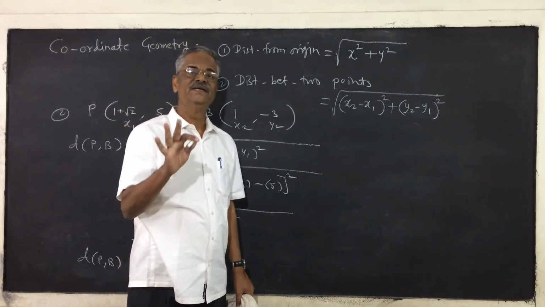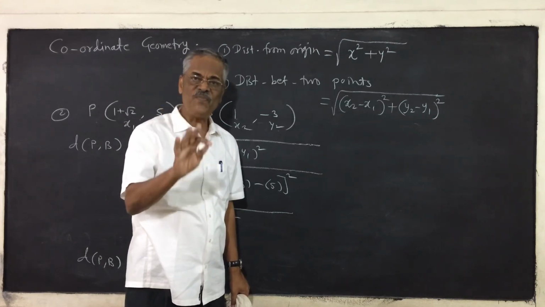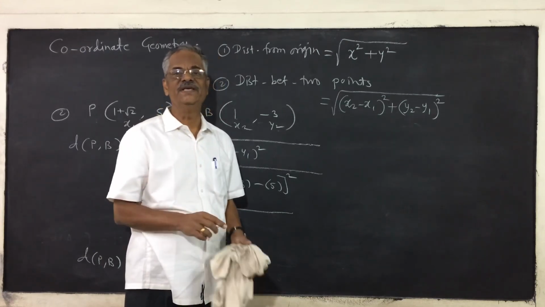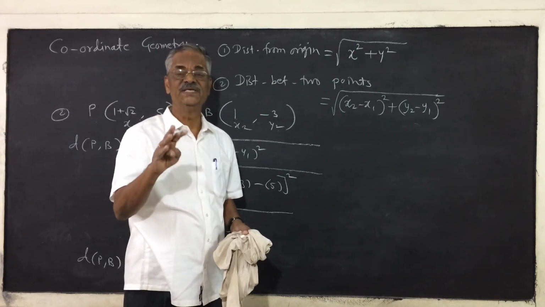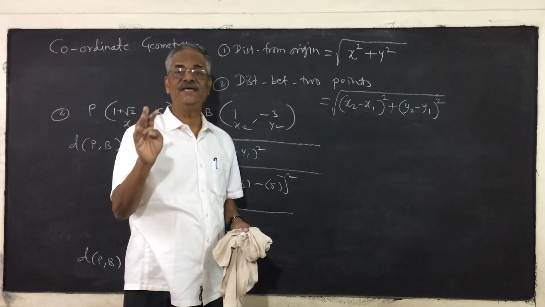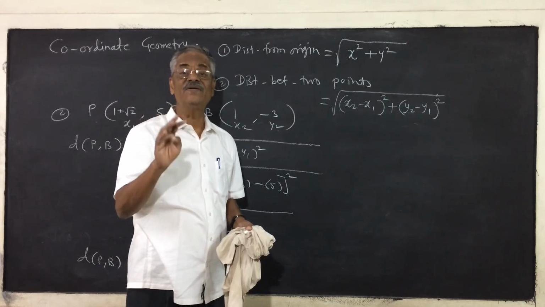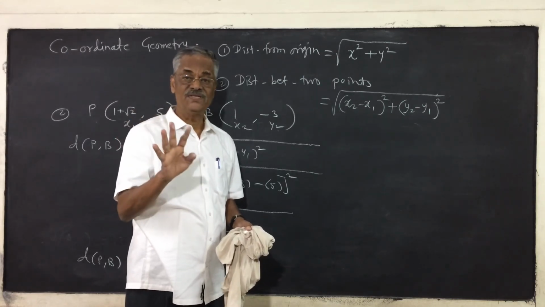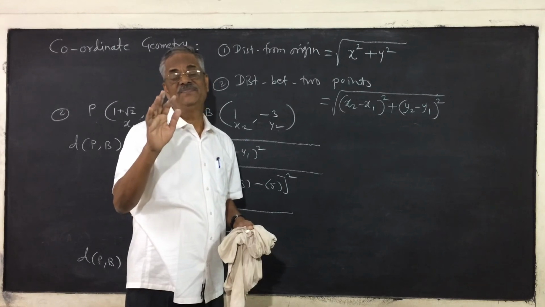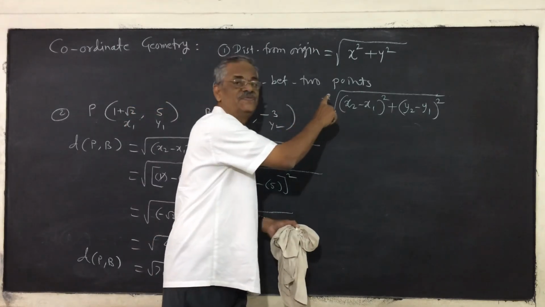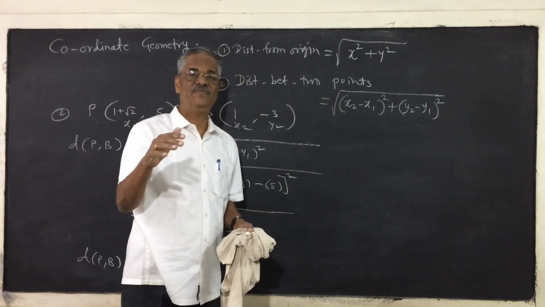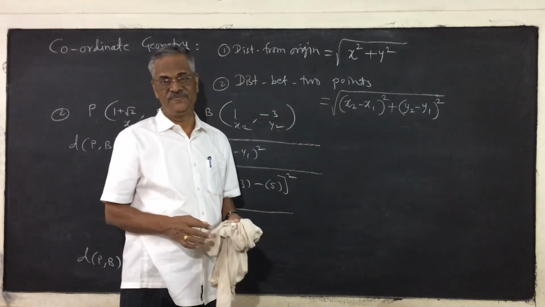After that, 4 points are given, coordinates are given. Decide whether the given quadrilateral is rhombus, is it square, is it rectangle, or is it a parallelogram? So that is the most important part of using the distance formula. So it will be in the next video.